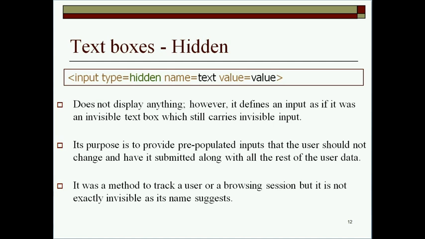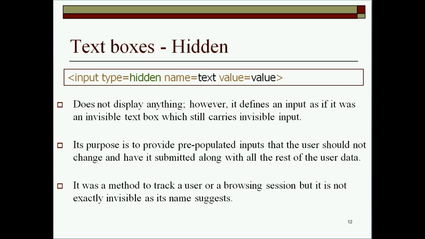One very special category of text boxes are the hidden boxes. In this case, the type attribute takes on the value hidden. Otherwise, everything will be the same as with the classic text boxes that we saw before, except that in this case, the value is not optional.